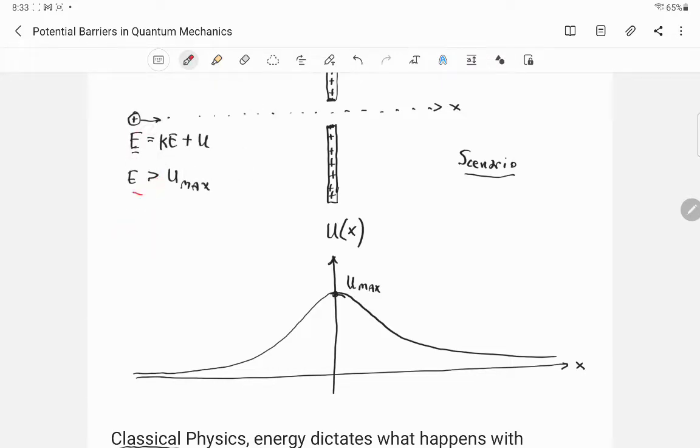Let me outline this in red. I'm putting it above the barrier.